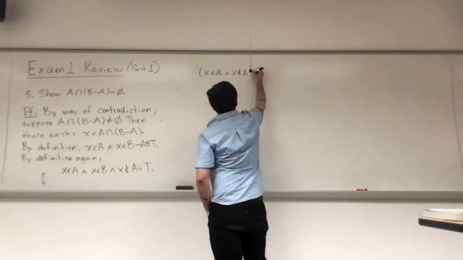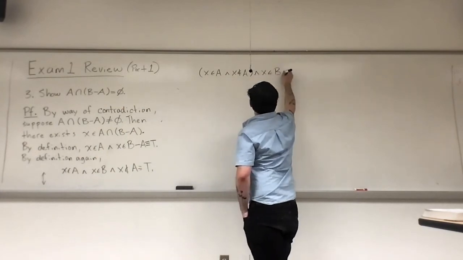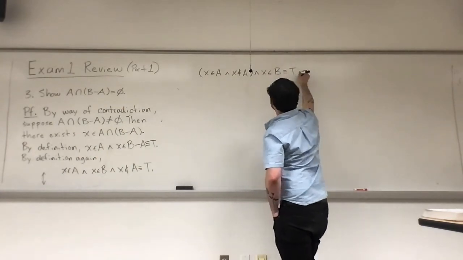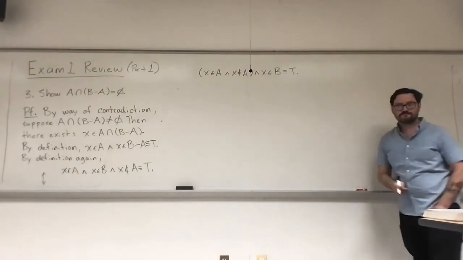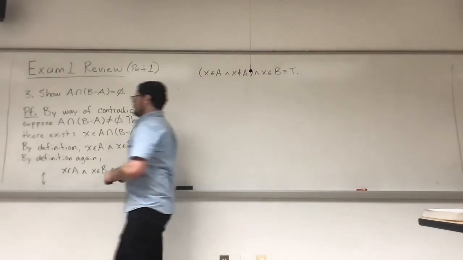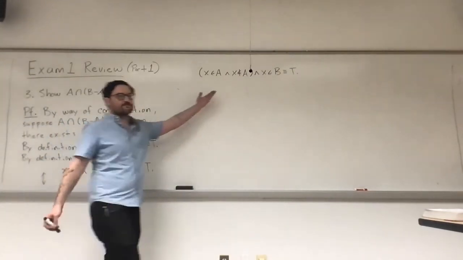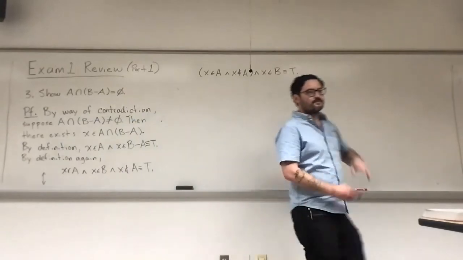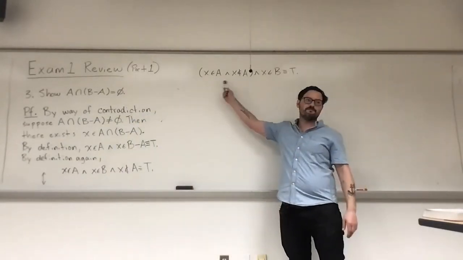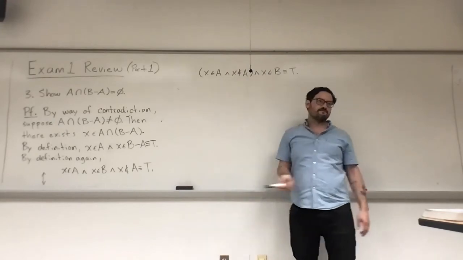And X in B. All that has to be true. And this is a contradiction because of that right there. That's false. Can't be in A and not in A.